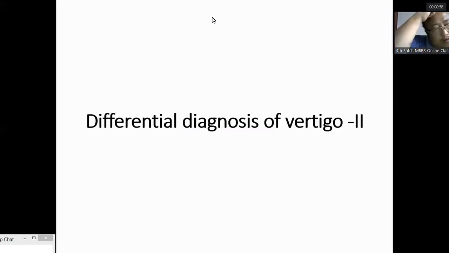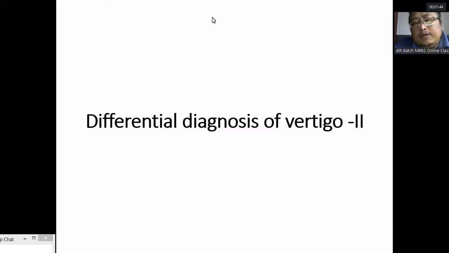So to keep it simple for the MBBS student, vertigo has been divided according to the presence or absence of hearing loss: vertigo with hearing loss and vertigo without hearing loss. That is the simple way of classification.